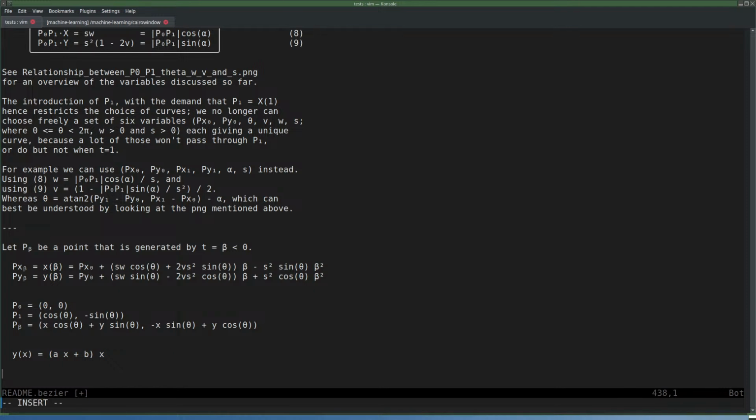Let's fill in this point, that's y, the y coordinate, equals a times x plus b, and then again times x.